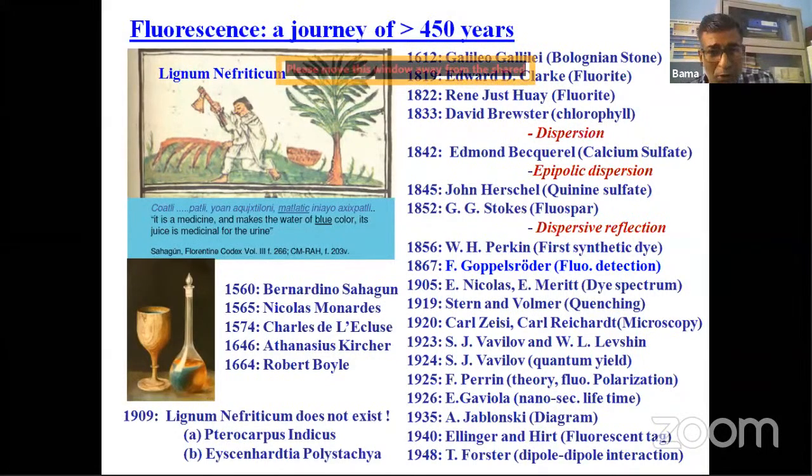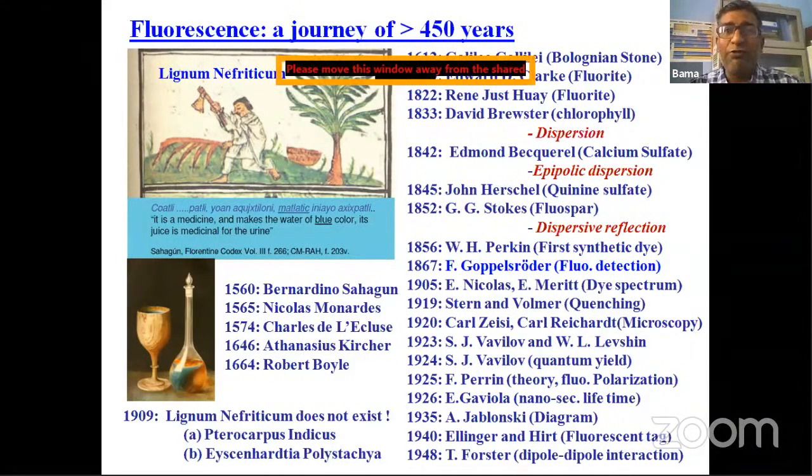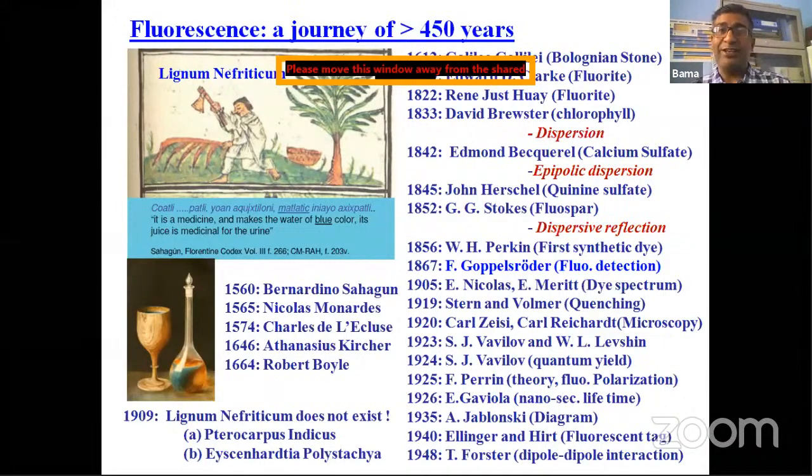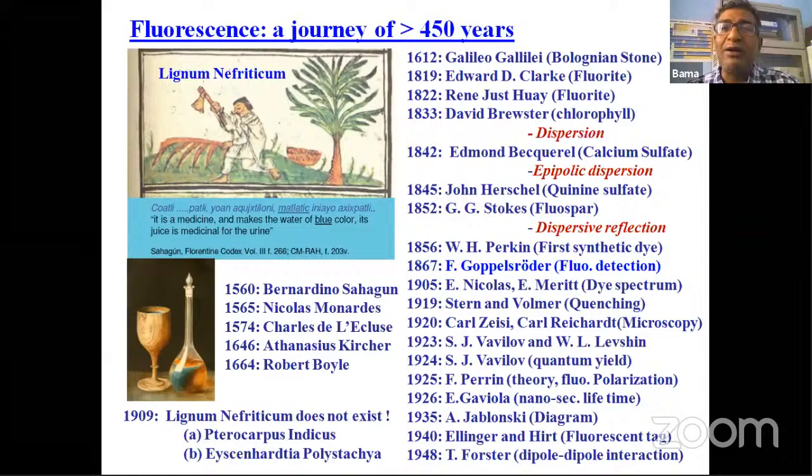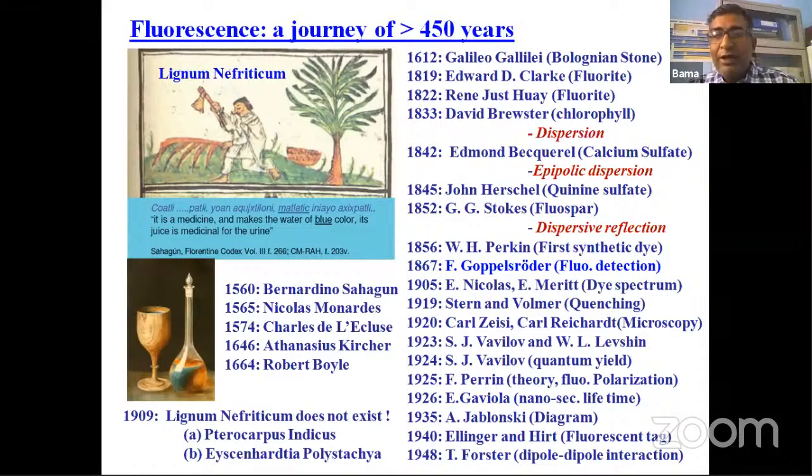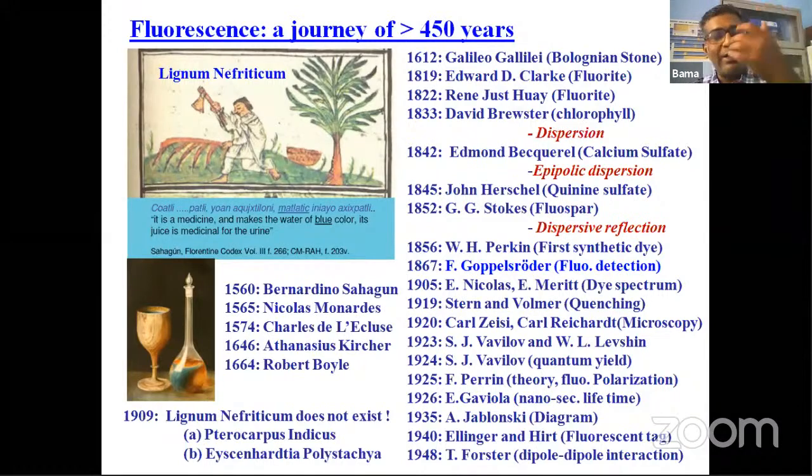So fluorescence research spans about 450 years, and is used as a detection output in chemosensing technology.